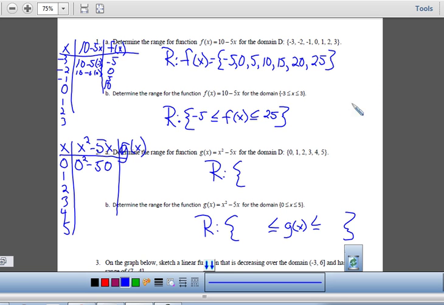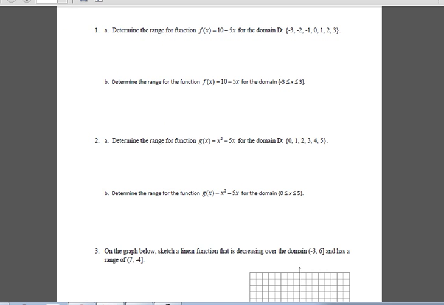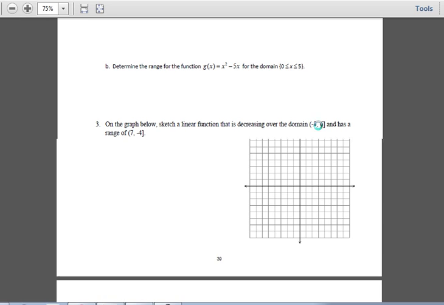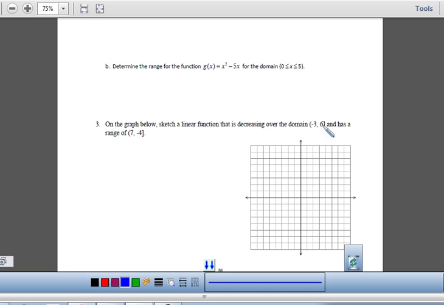And then down below we have a graph. On the graph below, sketch the linear function that is decreasing over the domain. Notice this is interval notation. We've got -3 to 6, where it can be equal to 6.